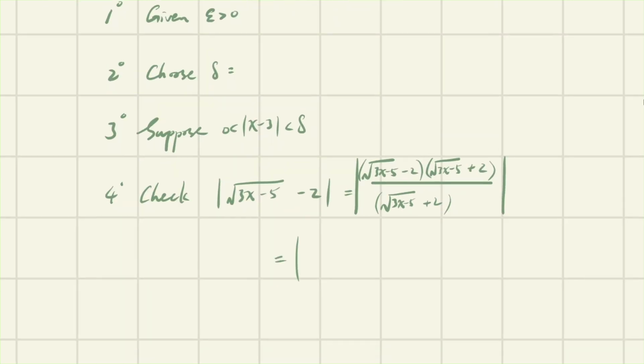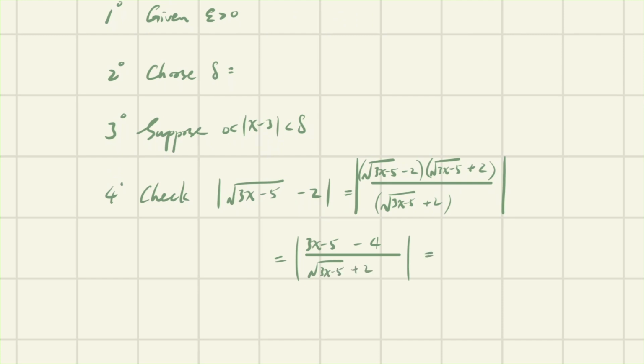For the numerator, we get the square root of 3x minus 5 squared, which is 3x minus 5, and then minus 4, because 2 squared is 4, and everything over the square root of 3x minus 5 plus 2.